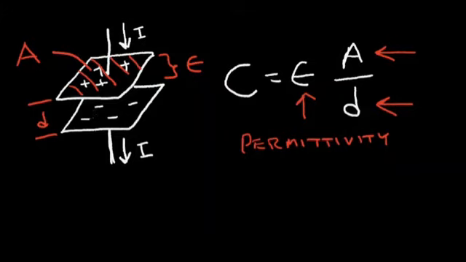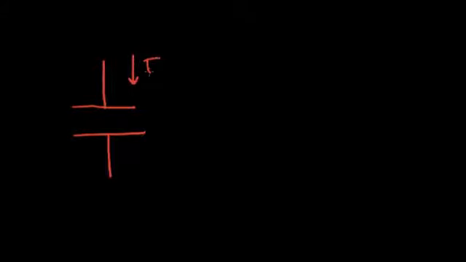Let's, for a minute, move this out of the way. And let's consider the two plates. And we have a terminal and a terminal. And we send in a current I into the top plate.